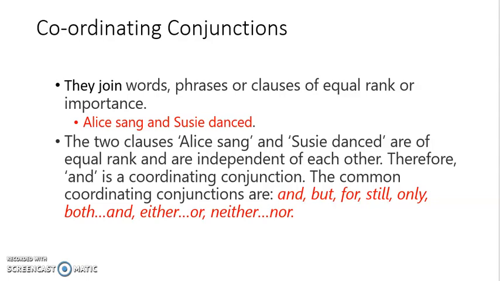And when we combine them together, we use the conjunction and. Such conjunctions are known as coordinating conjunctions. The common coordinating conjunctions are and, but, for, still, only, both and, either or, neither nor.